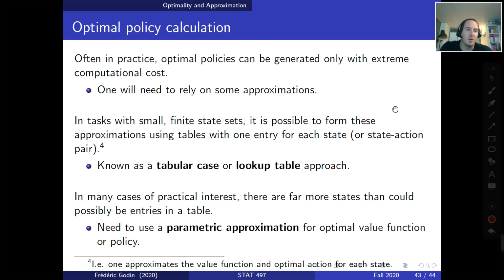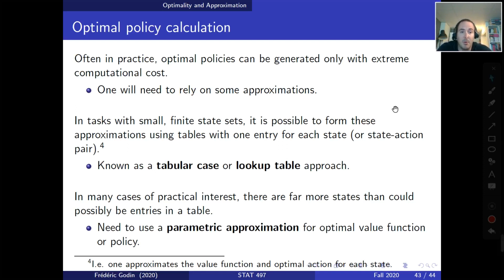Just a few slides ago, we mentioned some cases where the number of states is extremely large. The value function or optimal policies can be obtained only with extreme computational cost, and by extreme, sometimes it would mean something like 100 million years would be necessary to compute the solution, which is of course not acceptable in practice.